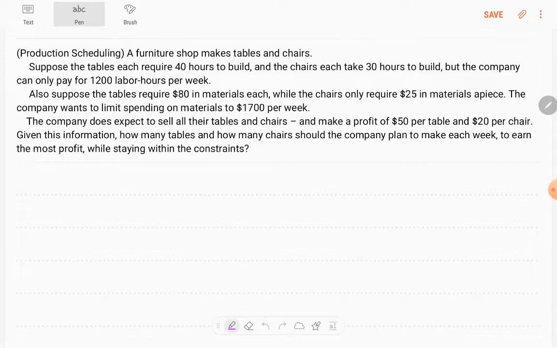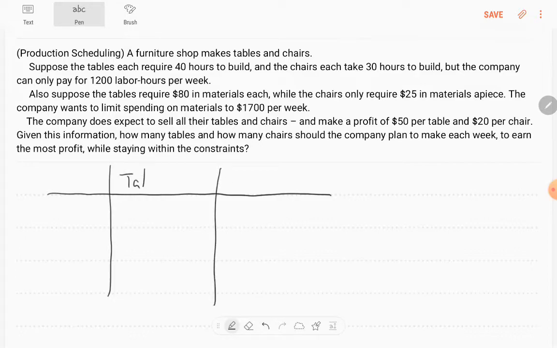So let's summarize using a table to help you understand the problem, because there are too many sentences, right? We make a table to summarize this problem. So this row is the tables, and this column is the chairs. The first row is the labor hours.